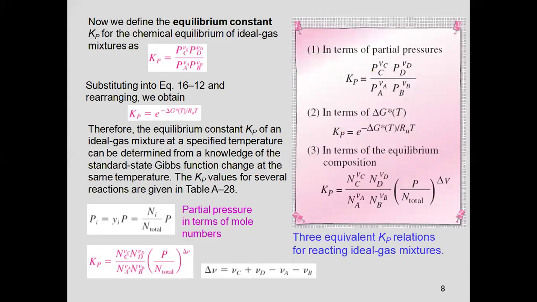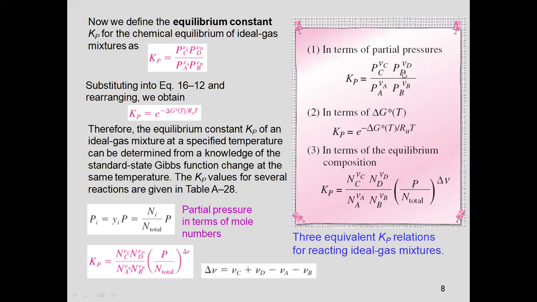Now, what we will do in this class is that I will show you three things on the screen. Here you can see that the equilibrium constant Kp in terms of the partial pressures is expressible in three ways.